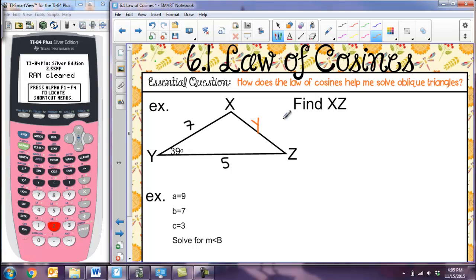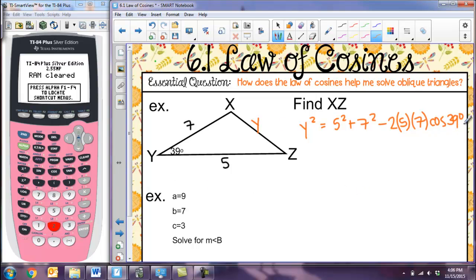The side we're looking for is the one that's across from the Y. So we're going to write y squared, using my law of cosines here, equals my other sides, x squared plus z squared, minus 2 times 5 times 7, the sides that aren't y, times the cosine of the angle that's across, so 39 degrees. These are across from each other, so the isolated one goes with the angle that matches. Okay, this is now something that you can type into your calculator and solve.